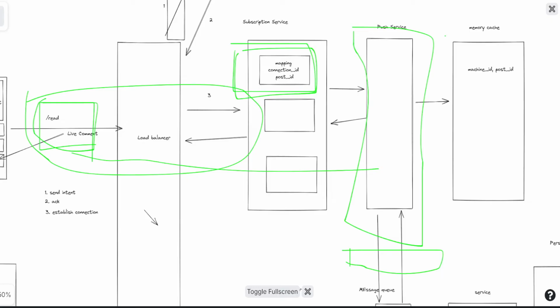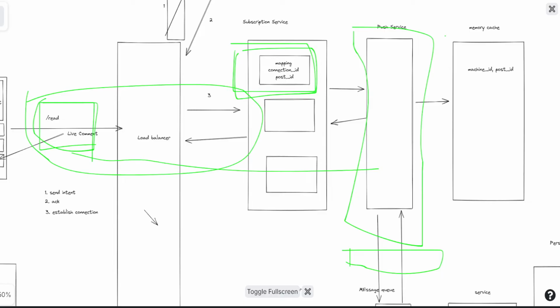Now, if you zoom out, there's always the scenario where you have multiple data centers as well. The other responsibility that this push service has is, if there are no machines present that are subscribed to this particular post ID, then it sends the information to the push service in another data center as well. There are of course latency questions and everything else that needs to be considered.